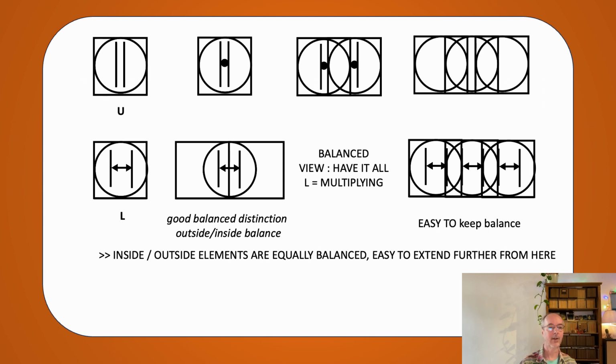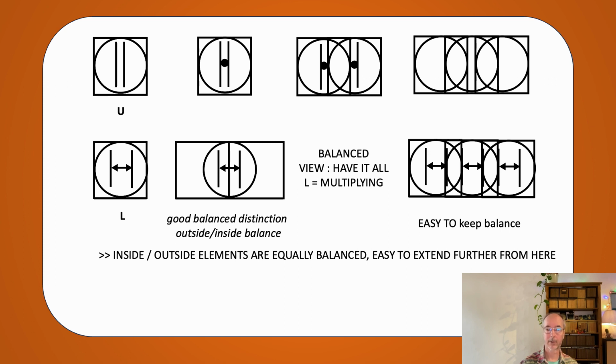You know exactly how to adapt outwardly, inwardly. It's a very good balance, inside, outside. It's easy to keep in balance, and this balanced view allows you to multiply well, and to multiply so well that you can also have a balance between the elements inside and outside, and extend it so that you can have more form. You add more form to it, you have more expression to it, and that's what the L is about.